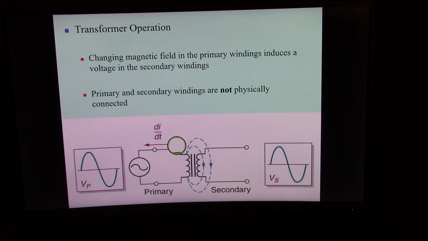Now in this case, you'll notice that the number of coils here is the same as the number of coils here, which corresponds to this voltage being the same voltage as this one. Notice that the input and output are not connected. So this part here is not connected to this part. There's an air gap between the two.